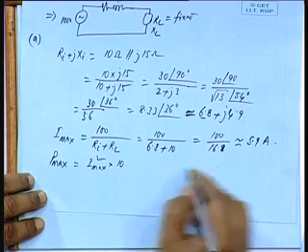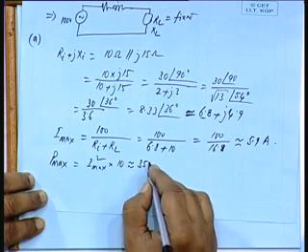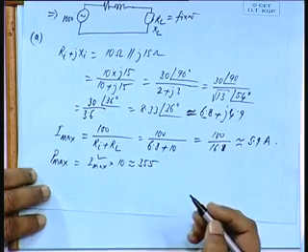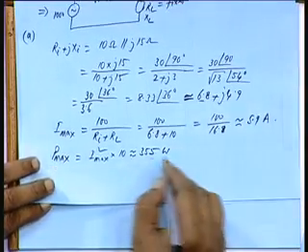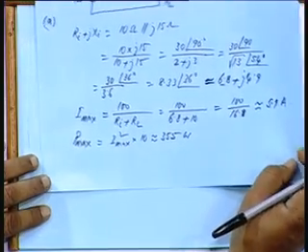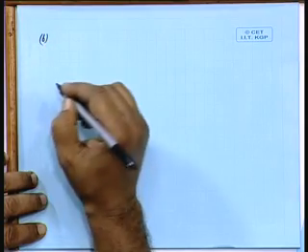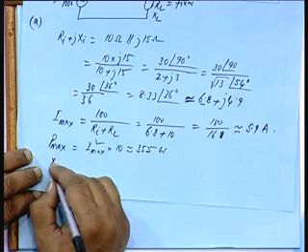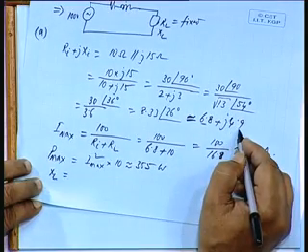It is pretty close to 355 watts approximately. This is an approximation. What is the value of the corresponding XL? XL should be minus j4.9, is that all right? Let us take the second case.